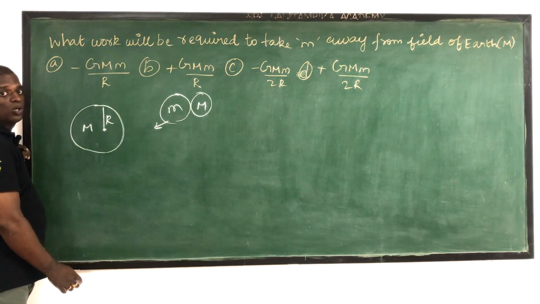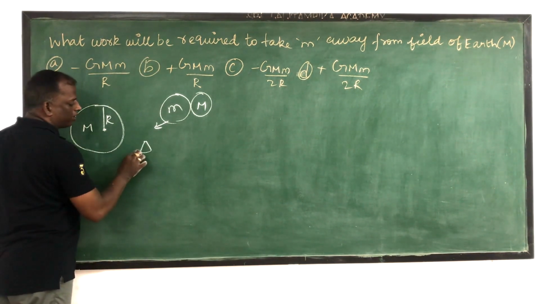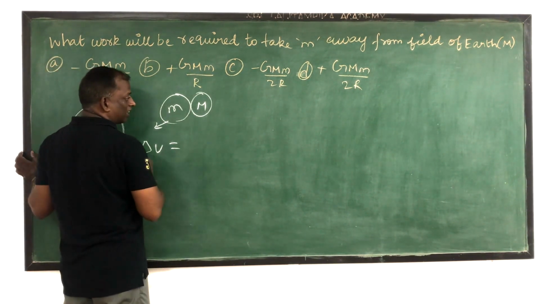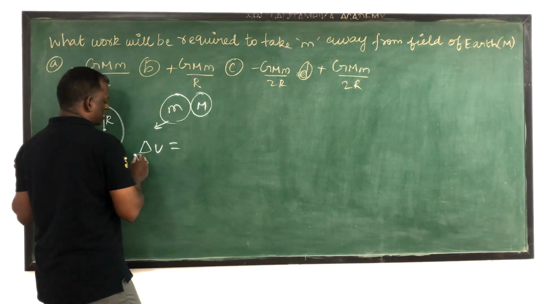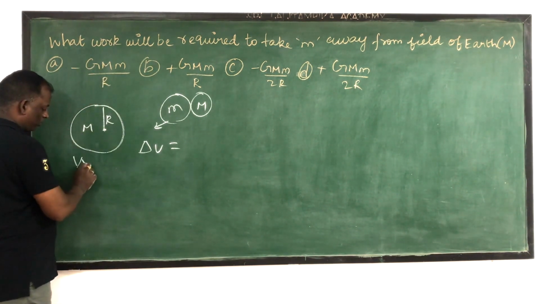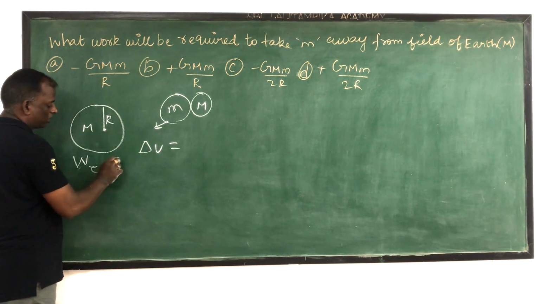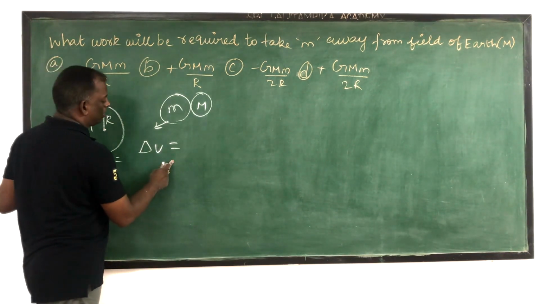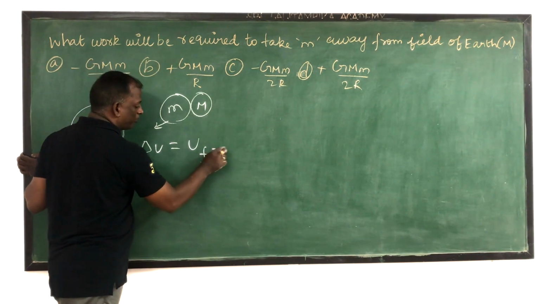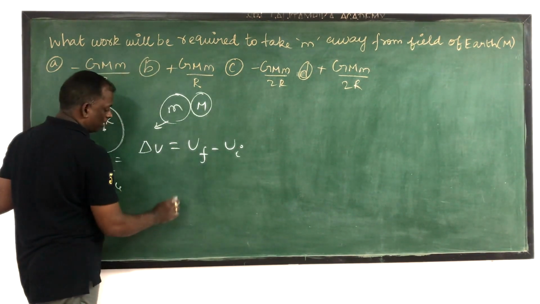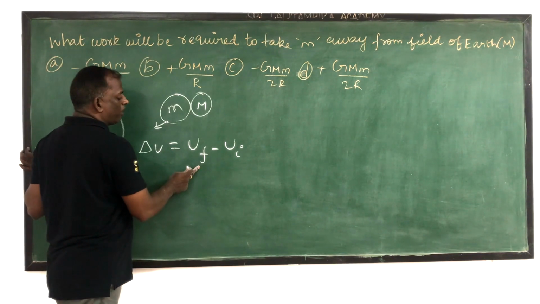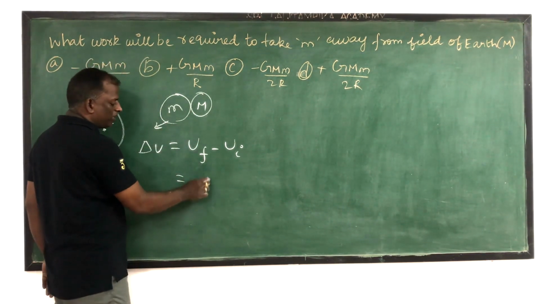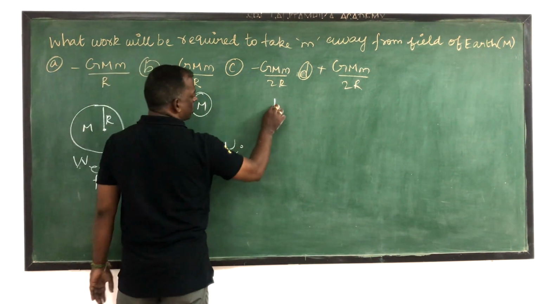Potential energy is equal to work done by the external force, which is equal to delta U is equal to UF minus UI. What is UF? UF will be 0. So what is UI?